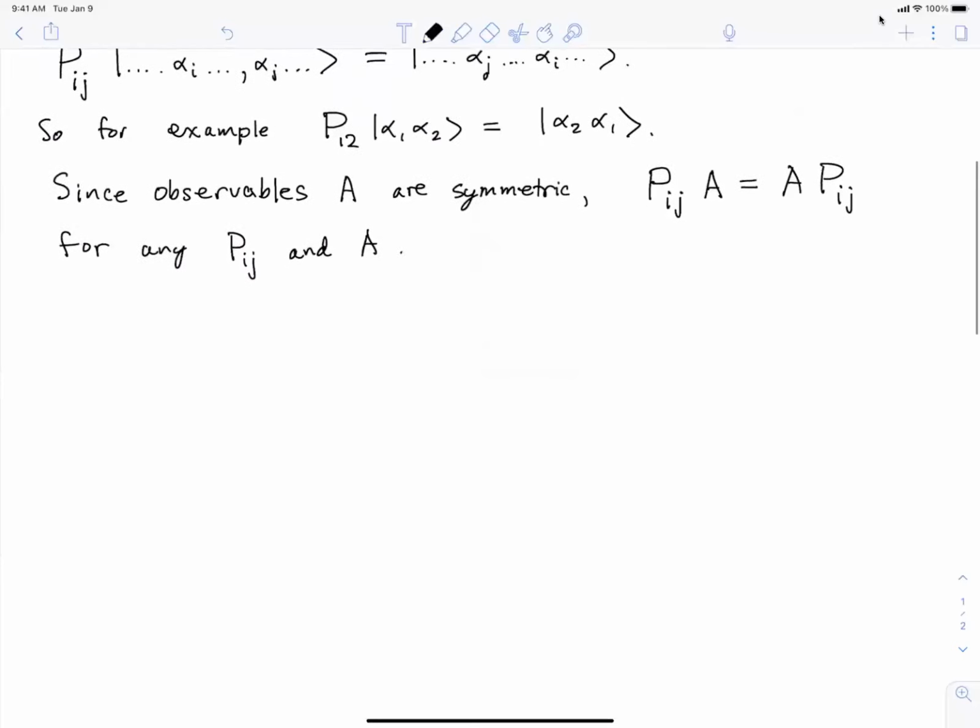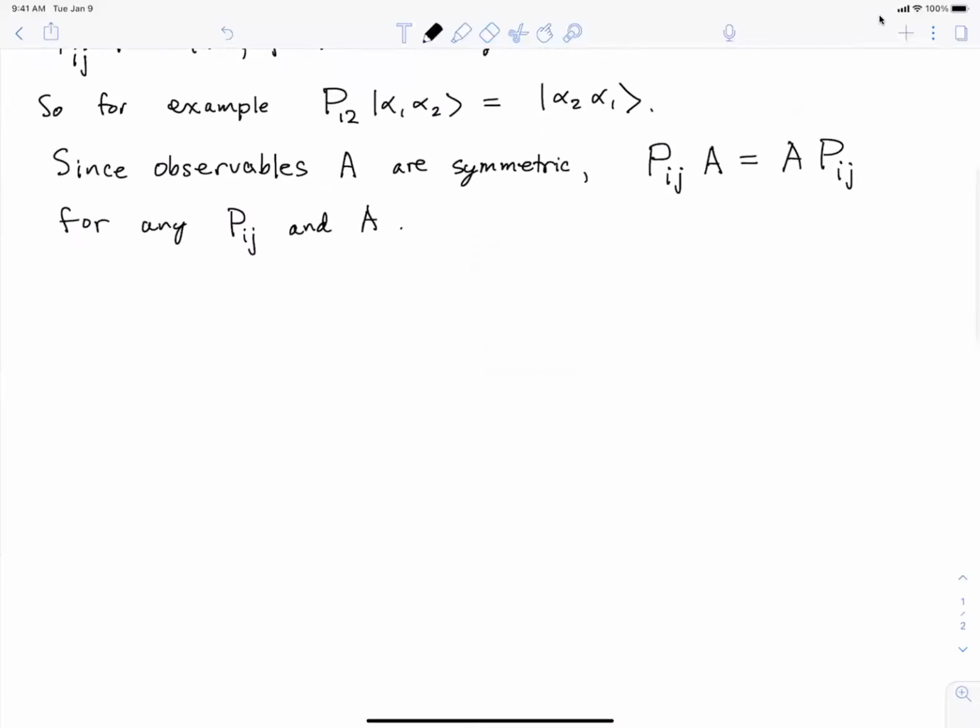So let's prove this. As with most proofs in quantum mechanics, it only takes a few lines. So proof. Let's write our operator in the following form. This is an operator that's acting on a ket space that has n individual particles. So we can write it as something that acts on the first particle, something that acts on the second particle, up to something acting on the nth particle.